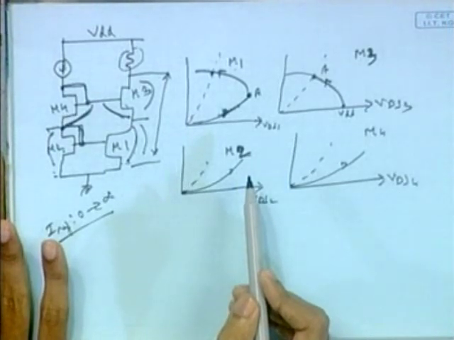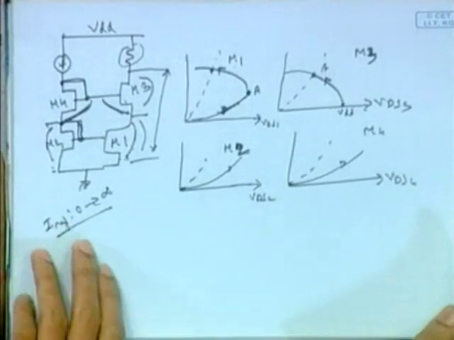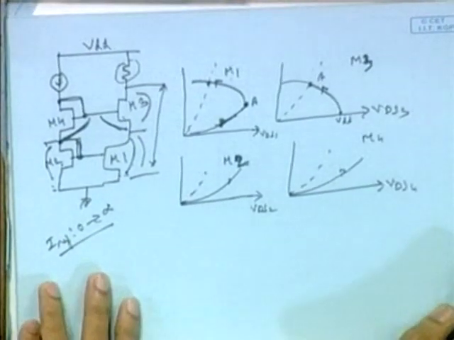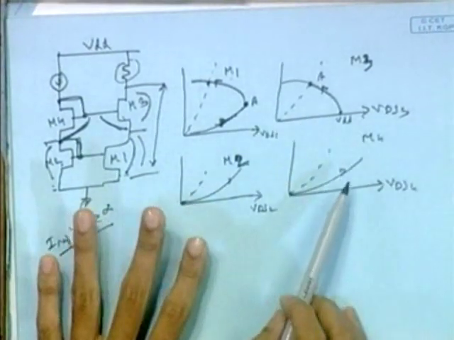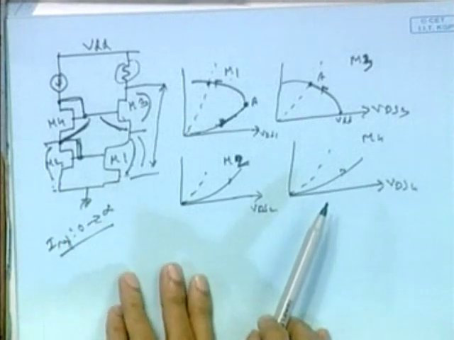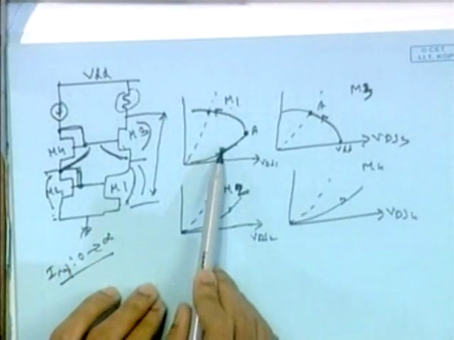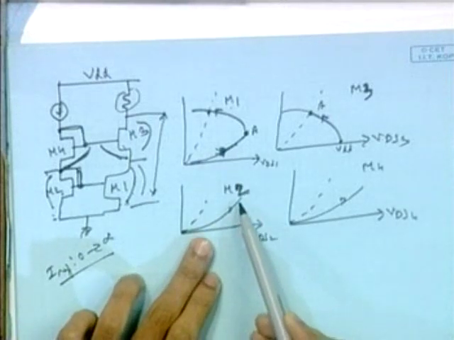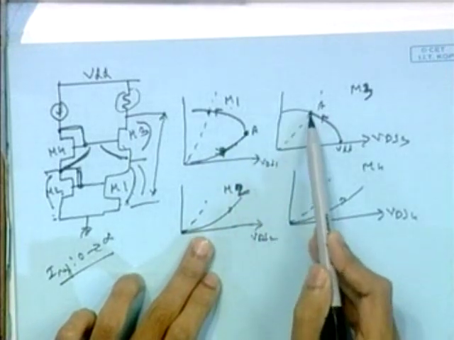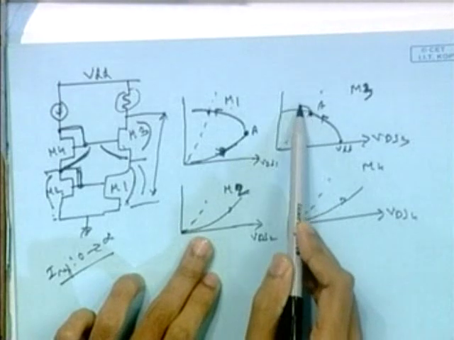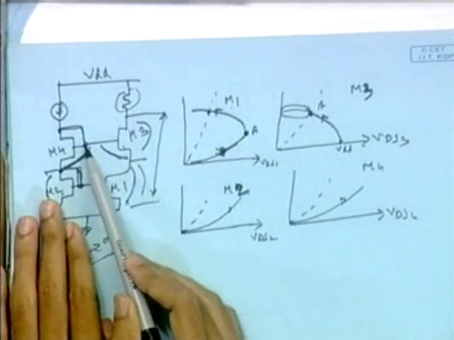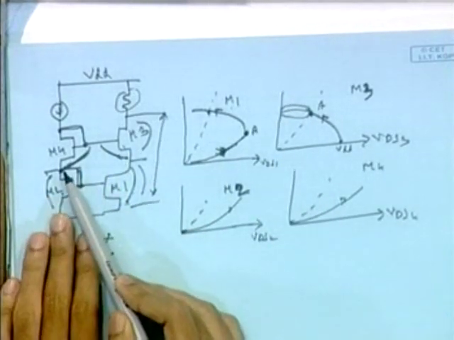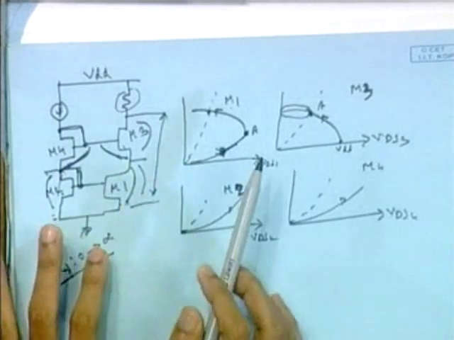Okay, this is a little bit involved. Is it clear? The movement of these points, is it clear? First it will follow with this up to this point. Beyond this point, it cannot maintain this equality, so VDS1 won't be equal to VDS2 further.